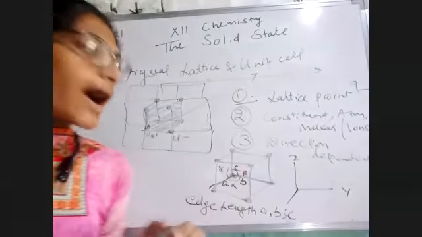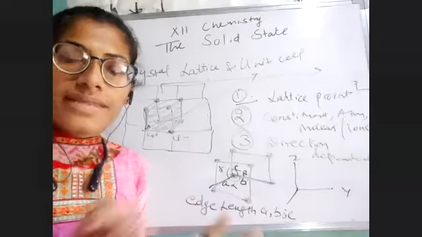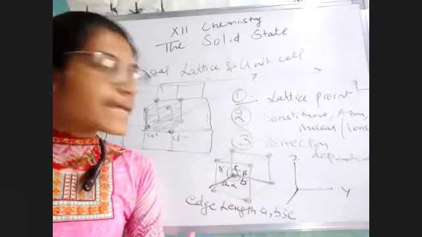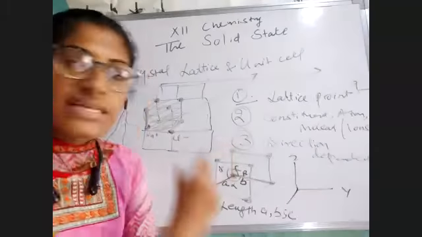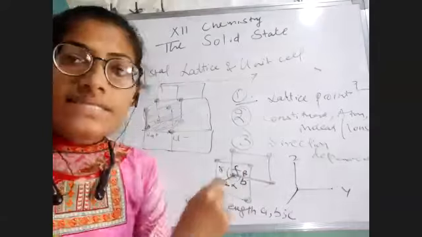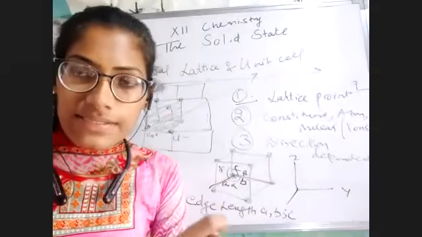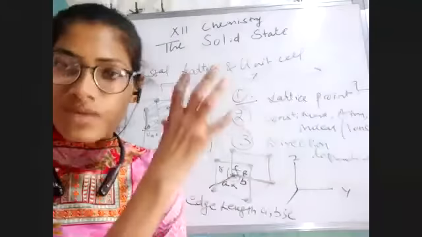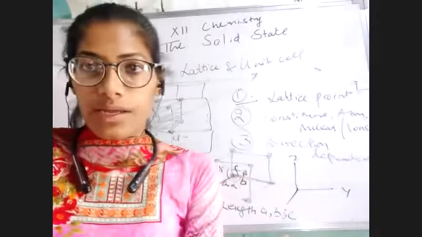Now, unit cells are also of 3 types, which we would start in the next class. I just want to say that on the basis of these lengths A, B, C and these 3 angles alpha, beta, gamma, we have 7 different types of lattices, which are very important from your exam point of view too, because we will need a table and I'll show you how to remember that table.